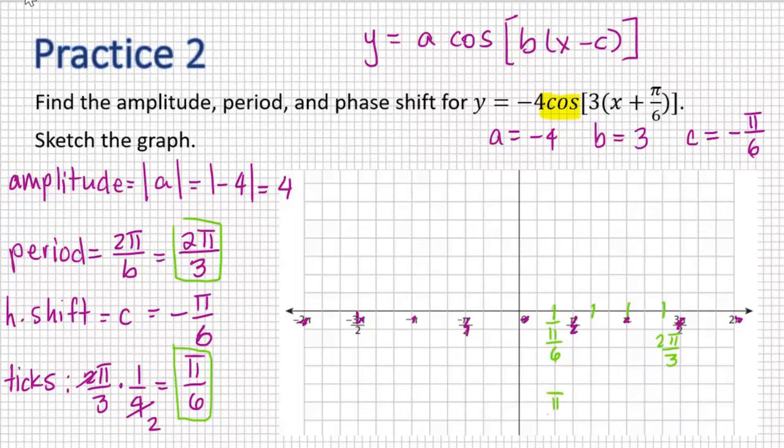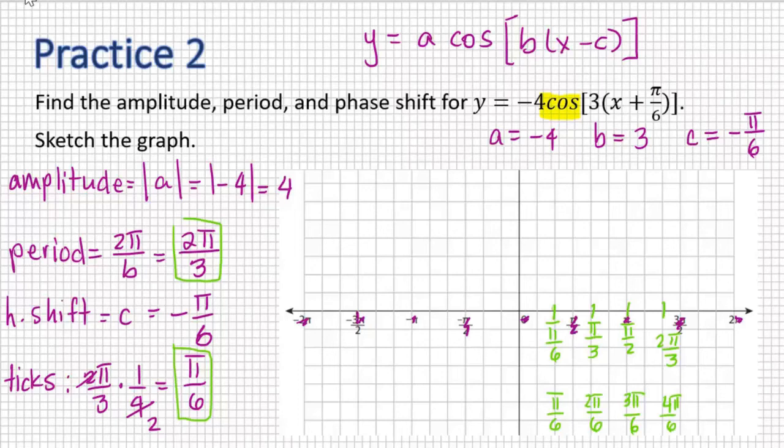I'll write those down here as well. Our second tick mark would be 2 times pi over 6, which simplifies to pi over 3. If we take 3 steps, moving by pi over 6 each time, we're now at 3 pi over 6, which simplifies to pi over 2. And 4 quarters later, we're at 4 pi over 6, which does in fact simplify to 2 pi over 3.